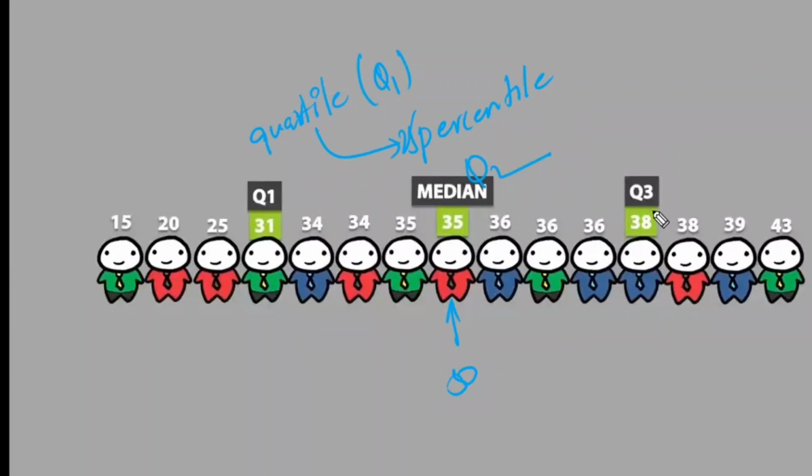Whereas Q3 is the 75 percentile, 3 quarters. Three-fourths of the data. This is 1/4 of the data, this is 50% of the data. Here 75% of the data is below him. Then it is called Q3.